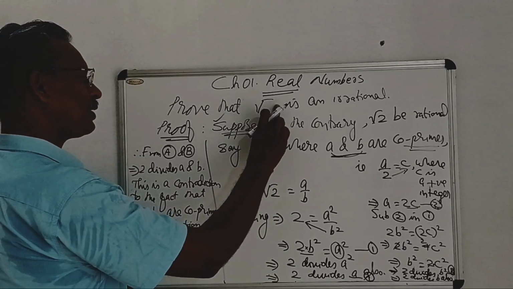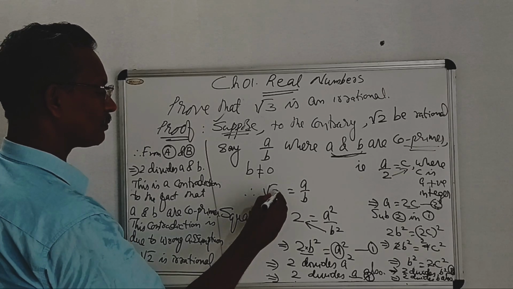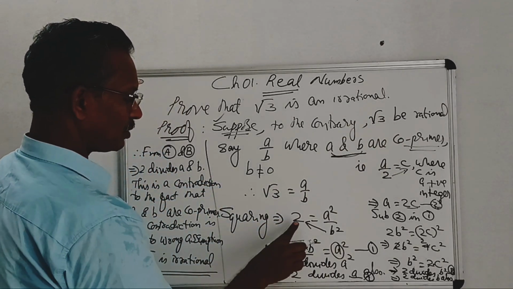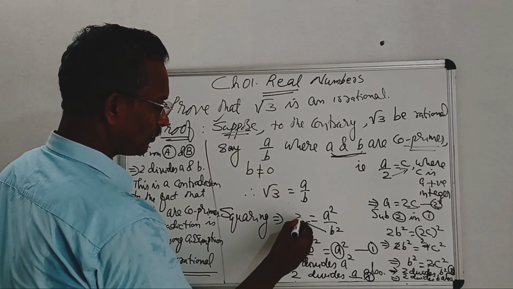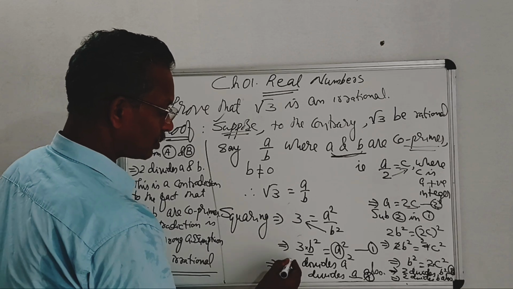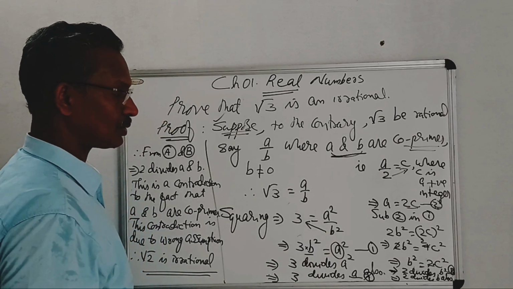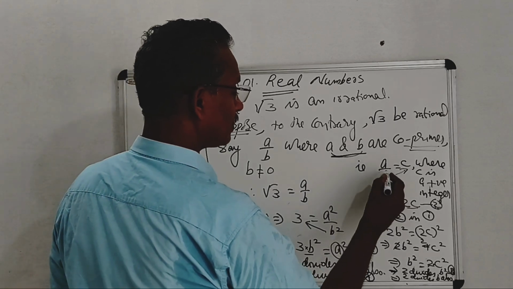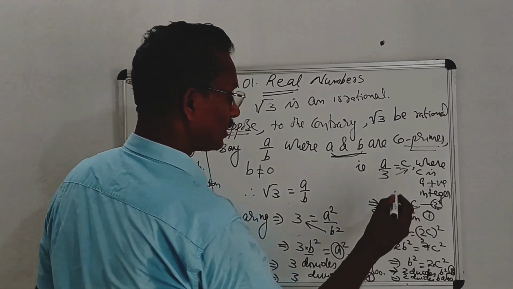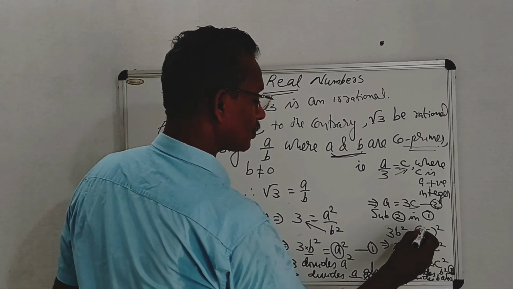Suppose it is root 3, the question is root 3, you have to write here root 3 and here root 3 and square it, it will become 3a square and 3b square. 3 divides a square. 3 is a prime number. You write 3 divides a also, and a divided by 3 is equal to c, and you write here 3c, and here 3b square and 3c square.